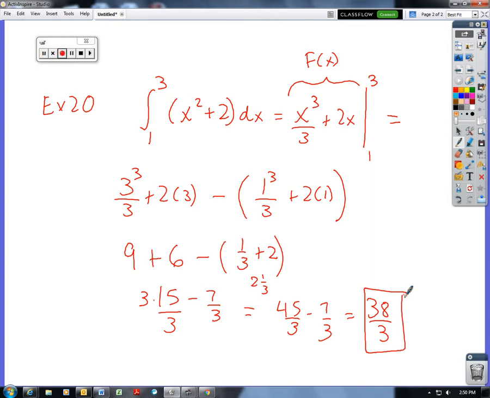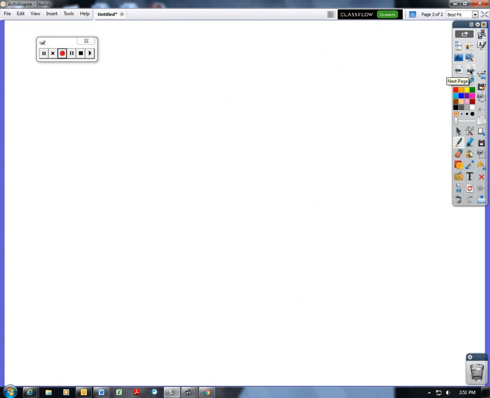Next. So we're just going to keep doing a couple of examples. Letter A. The integral from 0 to pi over 3 of sine of x dx. Okay, first thing we do, we take the antiderivative of sine, and we were working with this the other day.